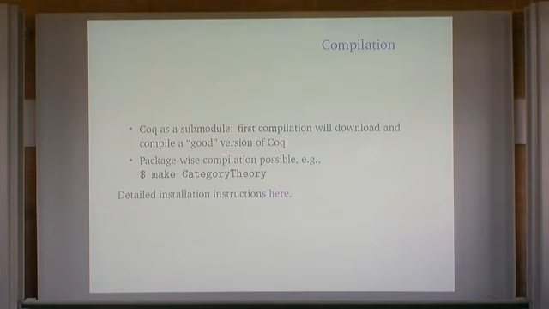So what happens is when you first try to compile Unimath, Coq will automatically be downloaded and compiled for you. Is it necessary? It's not necessary. If you have your own version of Coq already installed, you can deactivate this, but it's an opt-out rather than an opt-in.